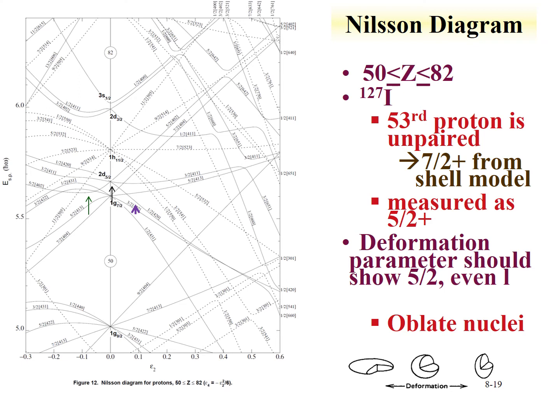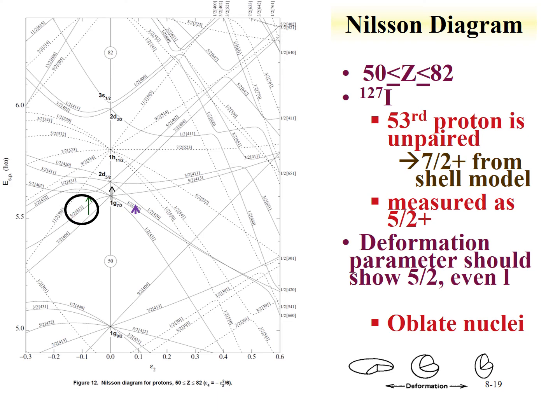So 50 would be defined by the 1g 5/2 over here, and 51, 52, 53 here. We actually see that for the oblate nucleus, it would be in this 5/2 shell. 50 would be here, 51 and 52 would be in the 7/2, and 53 would be in the 5/2 shell.